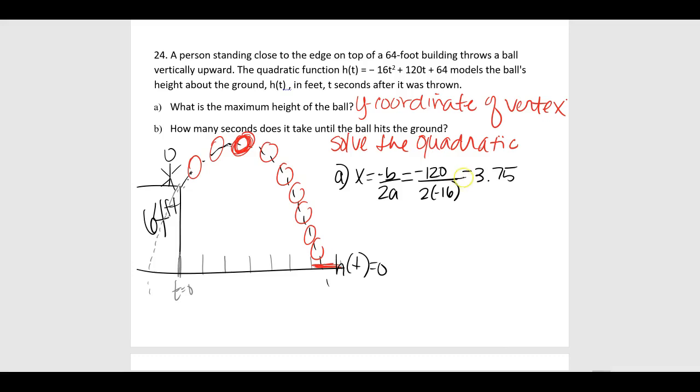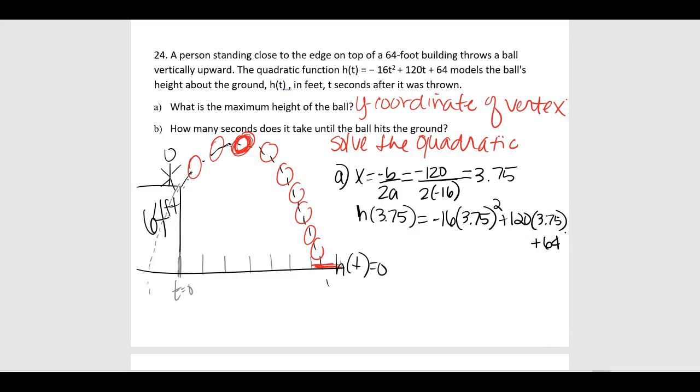And then to get the y-coordinate, h of t, we're going to plug in 3.75 for t. So it's going to be negative 16 times 3.75 squared, plus 120 times 3.75, plus 64.